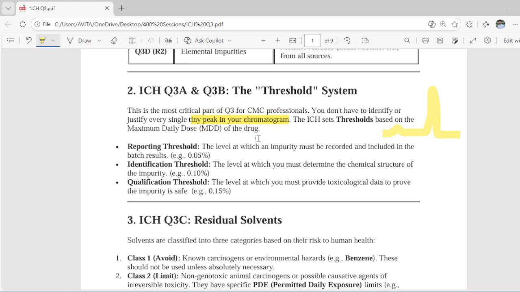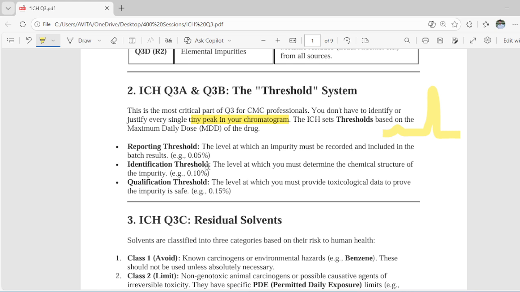So if it is below your reporting threshold, identification threshold or qualification threshold, then you don't need to worry about this. But how can we define up to what level it could be tolerated? For that, FDA has given these three terms and concepts and threshold limits, we could say.